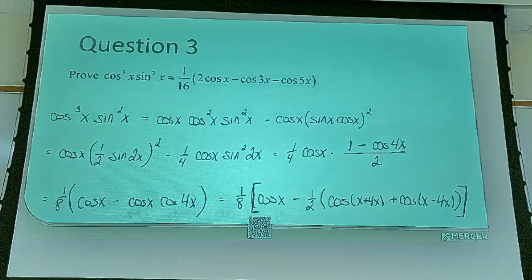Cosine of x times cosine of 4x is a half the quantity cosine of x plus 4x minus cosine of x minus 4x.